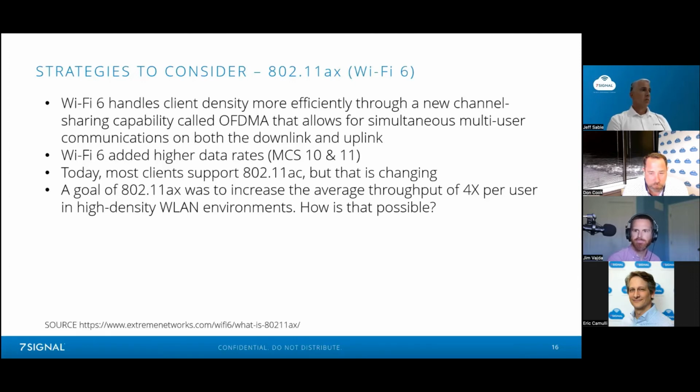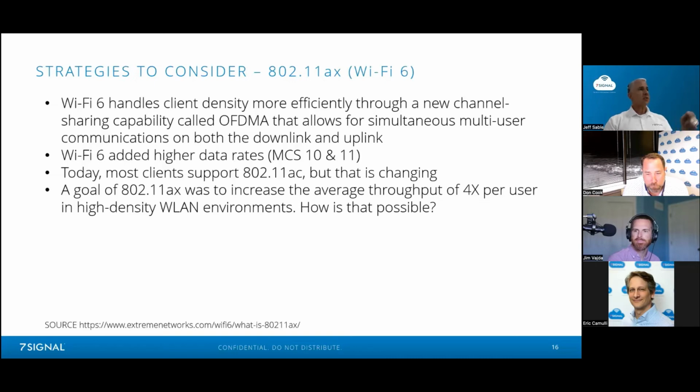So marginal differences, but not major differences. Yeah, but those marginal differences can add up incrementally. They can add up, and obviously move performance in the right direction for these environments.